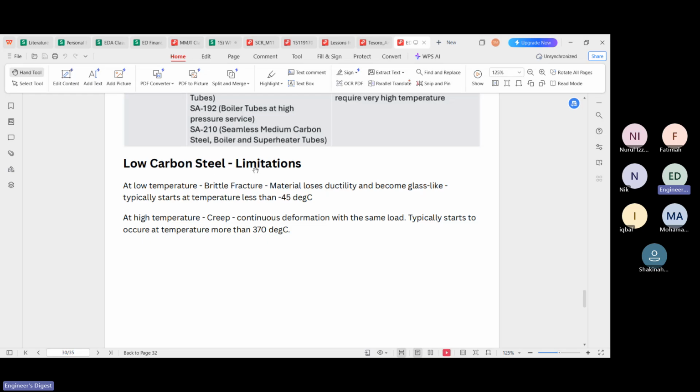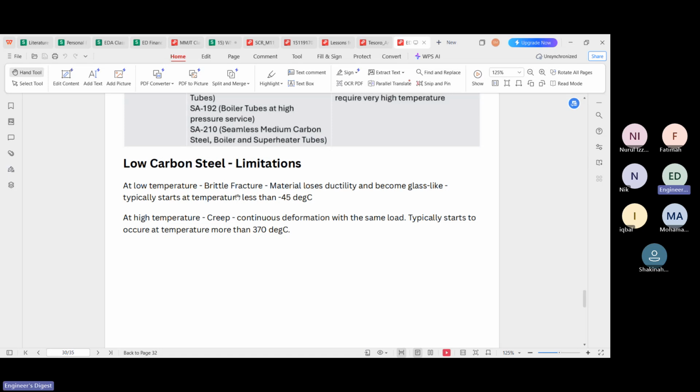In ductile state, the same pressure is okay. But if it goes to less than minus 45 degrees, it will break the material without warning, because it's glass-like.